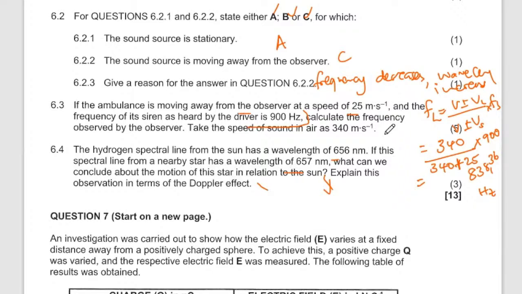Okay, so we can see that the wavelength of the spectrum lines of the hydrogen atom from the star is longer, because this is 656, this is 657.